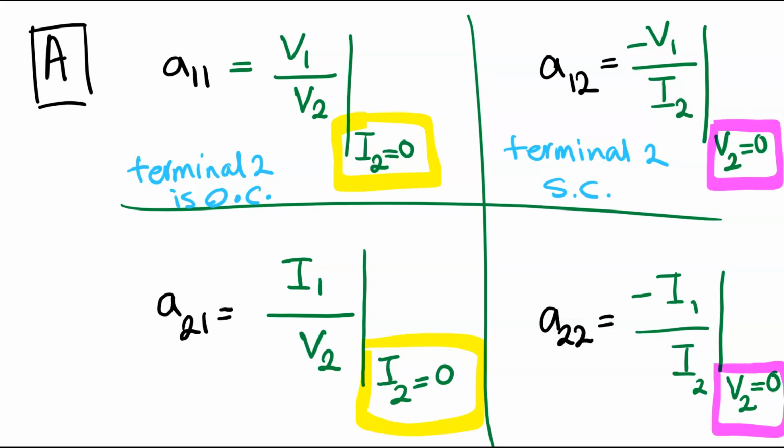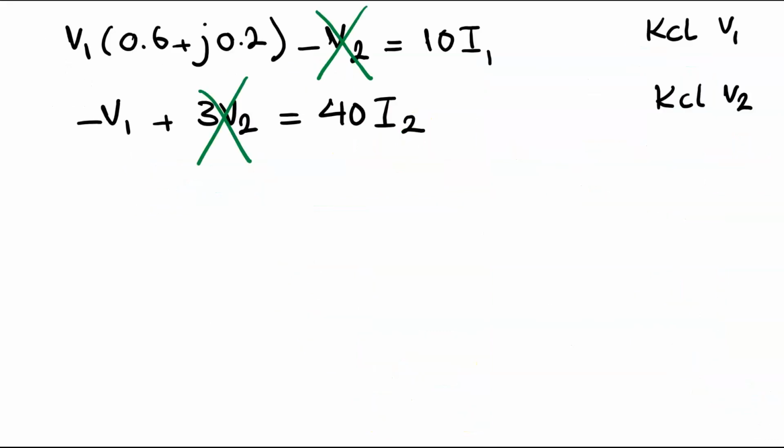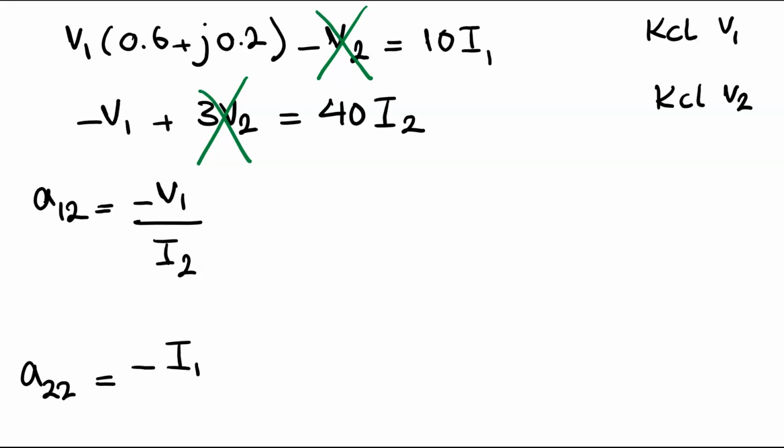I was looking for A12, which is described based on the relationship between V1 and I2, and A22, which is described based on the relationship of I1 and I2. I'm going to write them here so I can follow my equation. So my A12 is equal to minus V1 over I2, and my A22 is equal to minus I1 over I2.